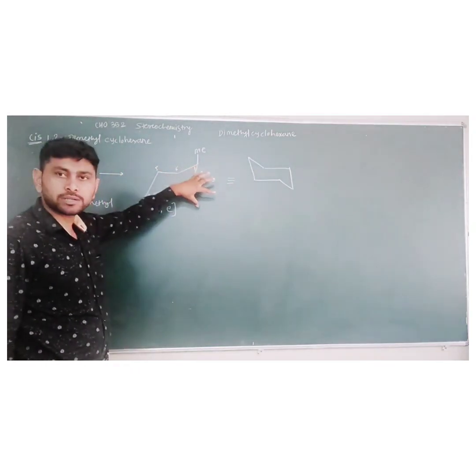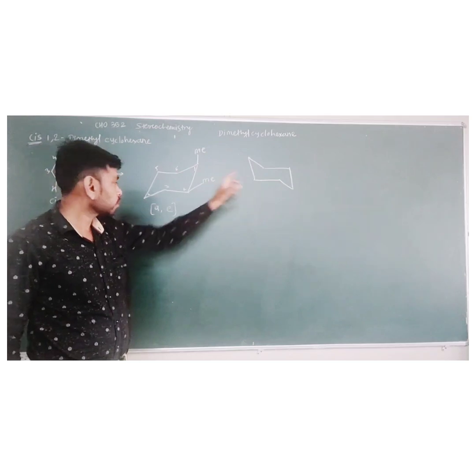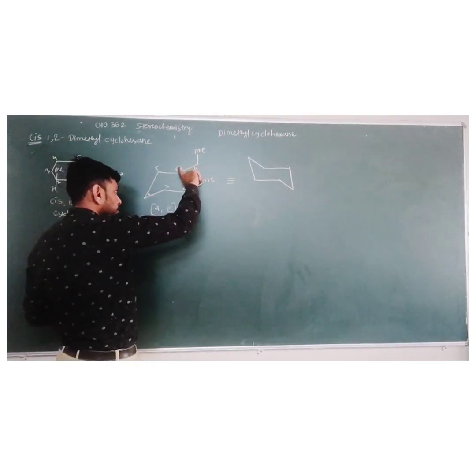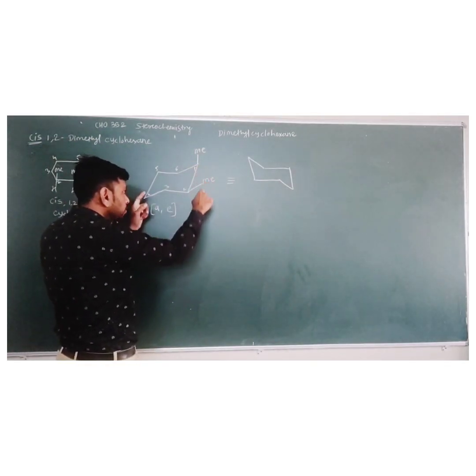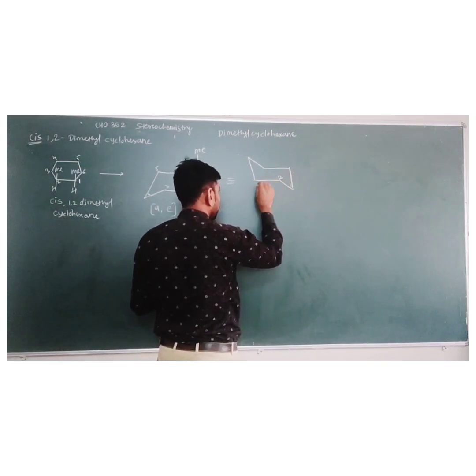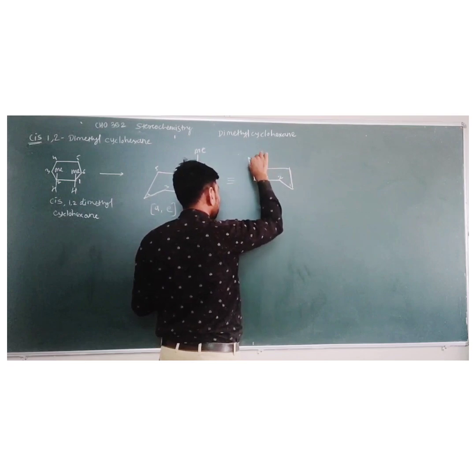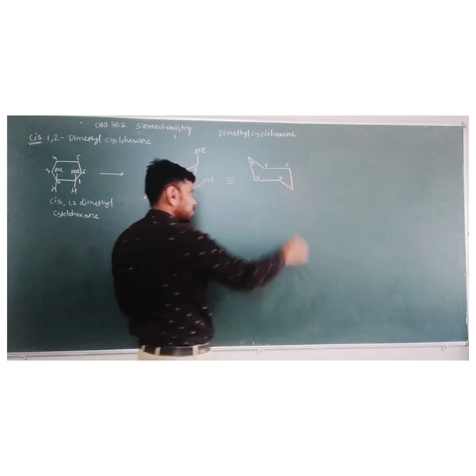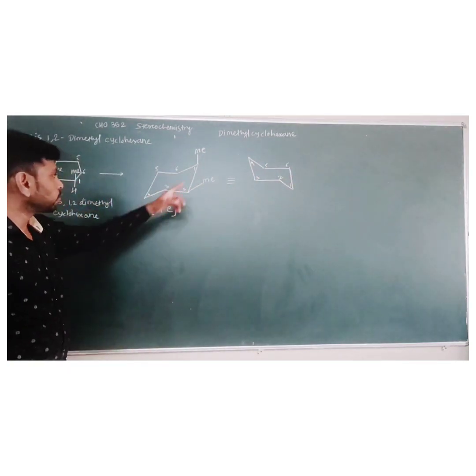Now look at this chair conformation. Flipping of this conformation leads to the second structure. When we flip this ring, carbon number 1 goes here, with clockwise numbering 1, 2, 3, 4, 5, 6.